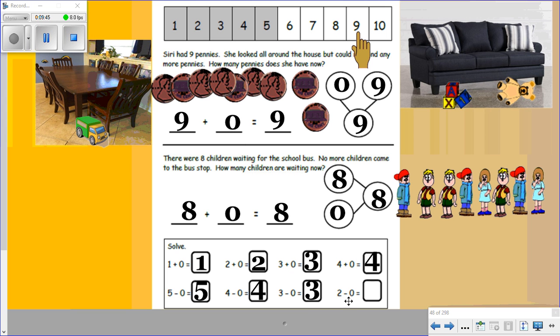And 2 minus 0 equals 2. I hope you said them faster than I did when I clicked and said it.